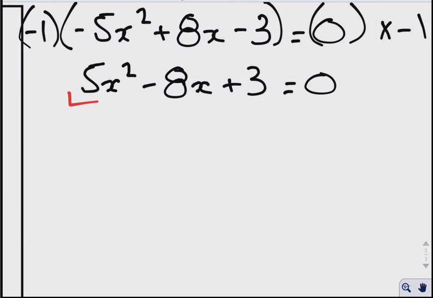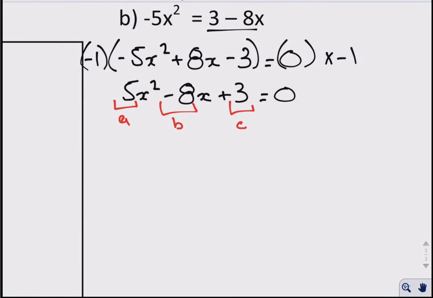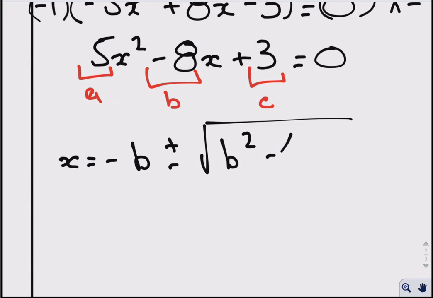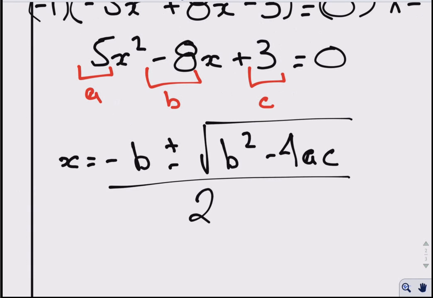However, I have to identify my A value, my B value, and my C value. Okay? Once I've done that, I would write out the formula again. So negative b plus or minus the square root of b squared minus 4ac all over 2 times a.